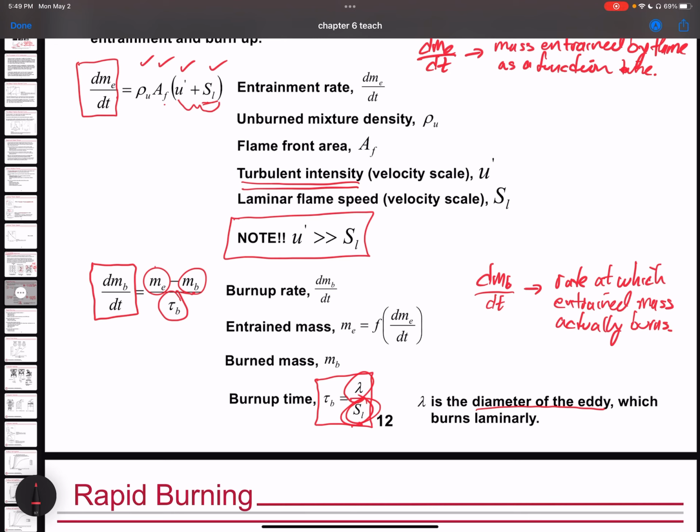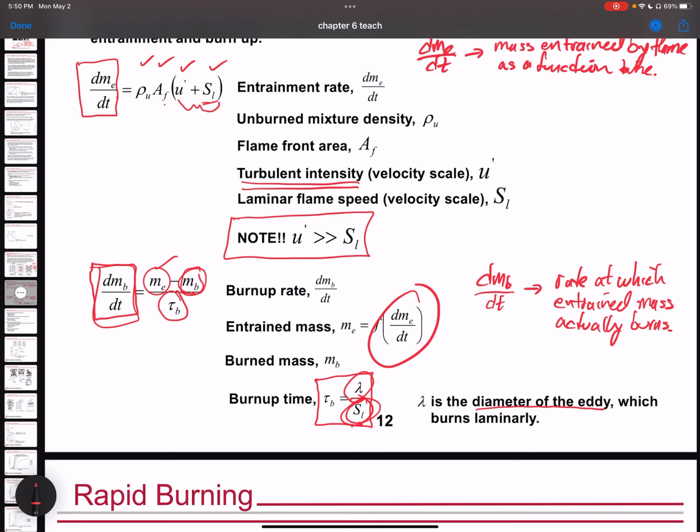The other terms, mass of entrainment, of course depends on the entrainment rate, right? So you don't have entrained mass until you have the entrainment rate being positive, and then the burned mass is going to depend on your burn-up rate. And so mB doesn't become non-zero until you have entrained mass.